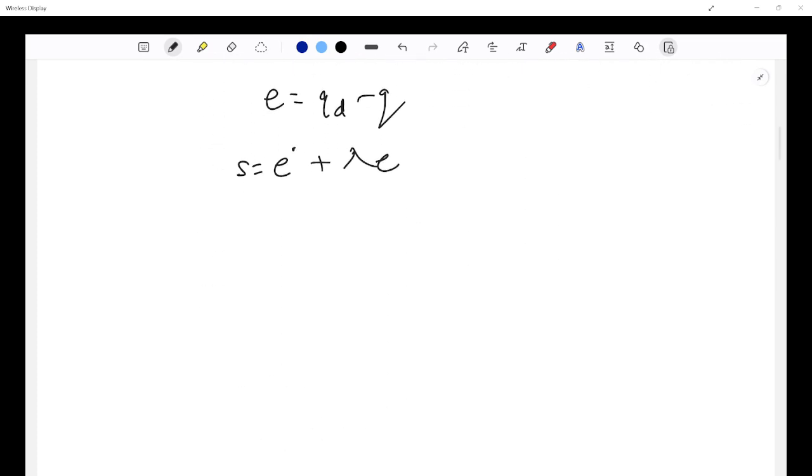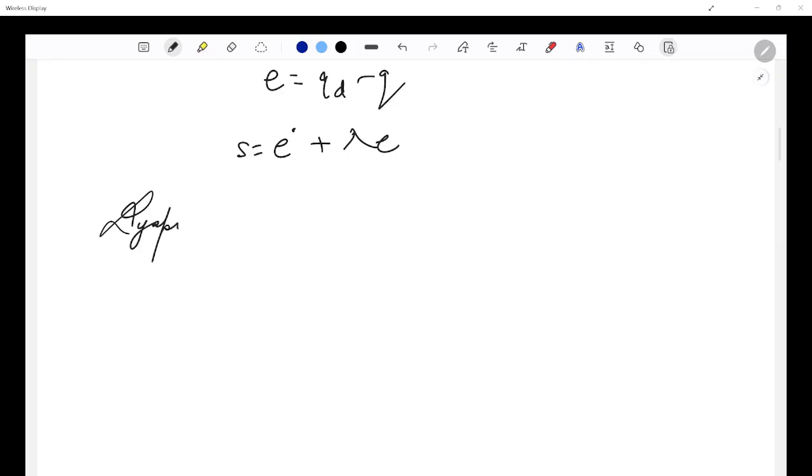Then you have already seen Lyapunov's method in lecture, right? And what do we do here?